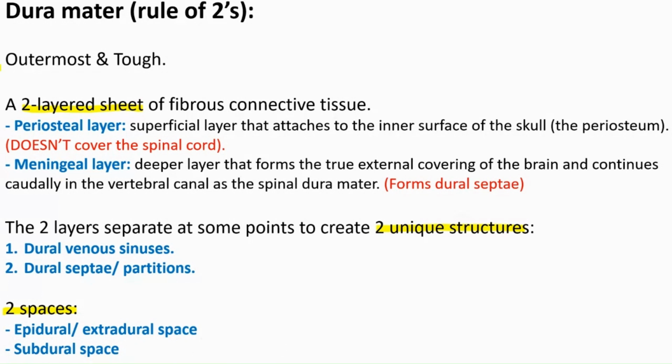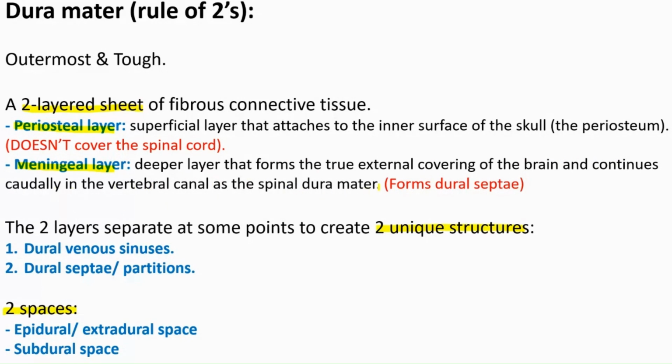These two layers are the periosteal layer, as we saw, and the meningeal layer. The periosteal is the superficial layer that attaches to the inner surface of the skull, the periosteum. And the meningeal layer is the deeper layer that forms the true external covering of the brain and continues caudally in the vertebral canal as the spinal dura mater.